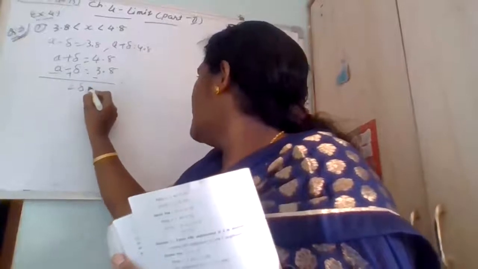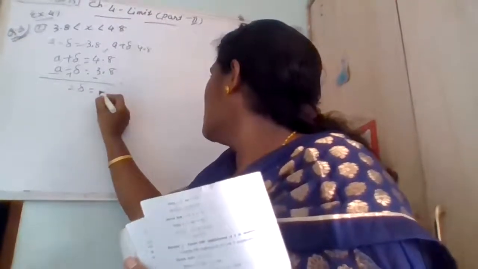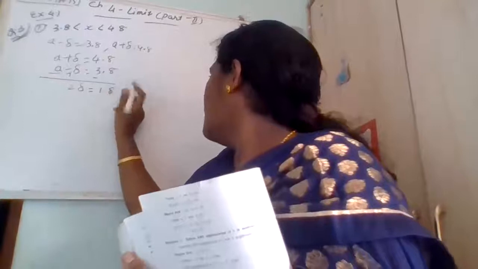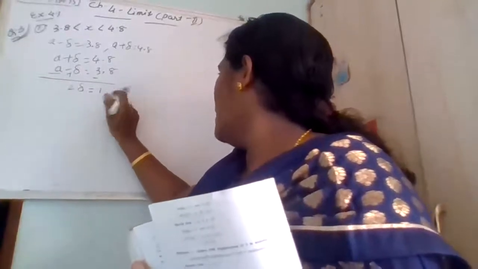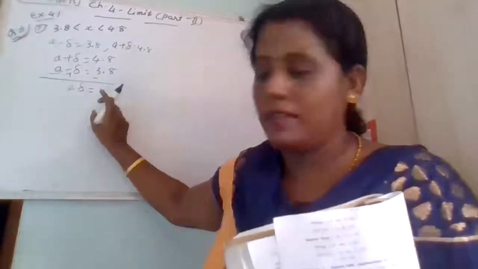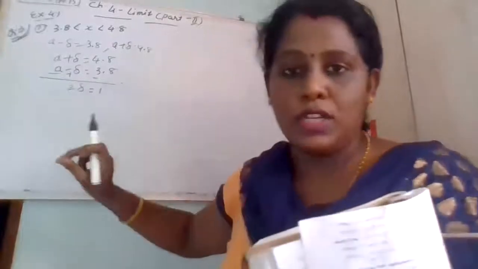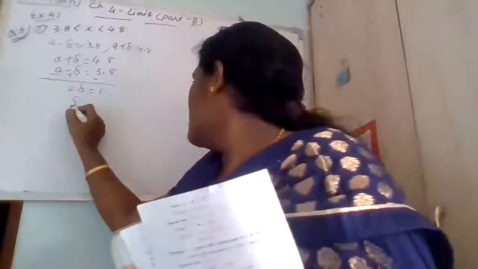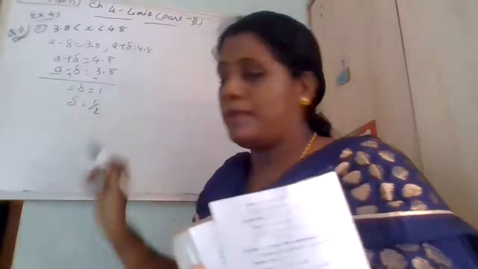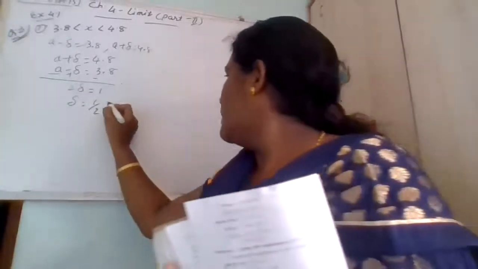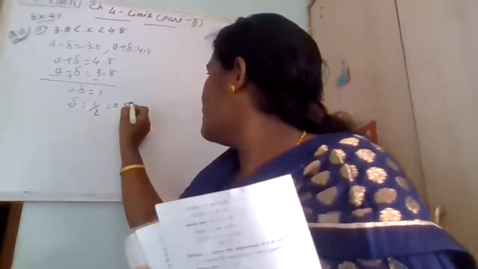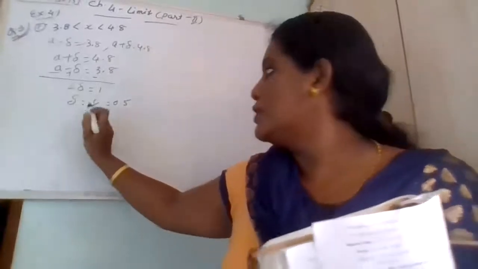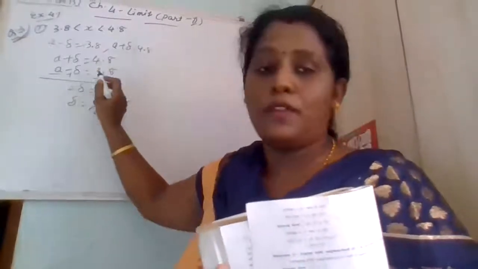So 2 delta is equal to 1.0 or we can say 1. Write 1.0 or write 1, either is fine. So delta equal to 1 by 2, that we can write as 0.5. Now we have to substitute this delta in any of the equations.